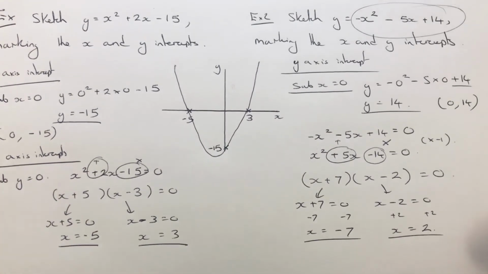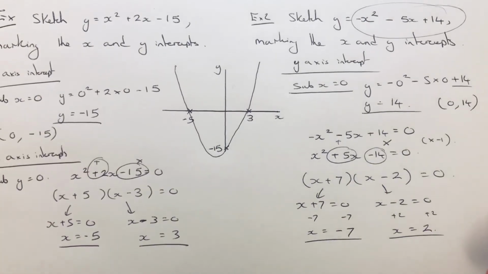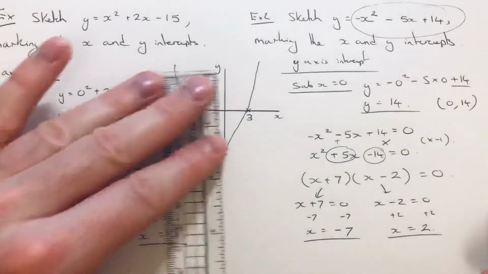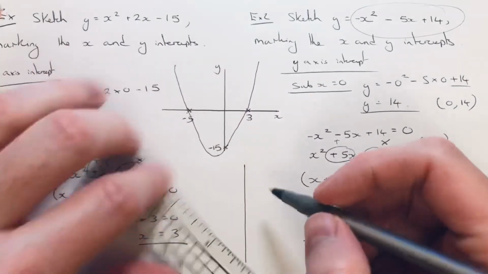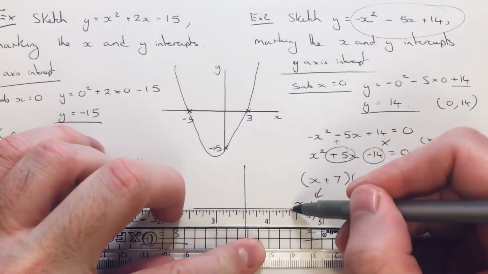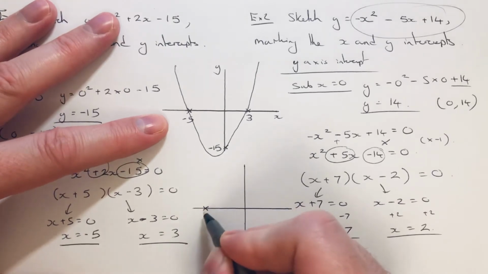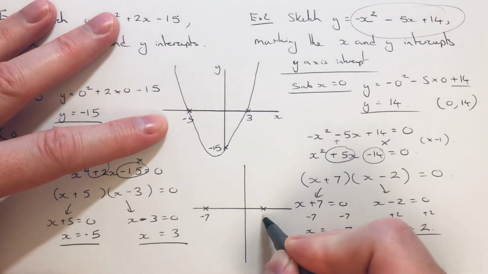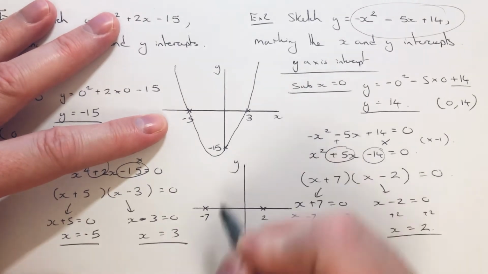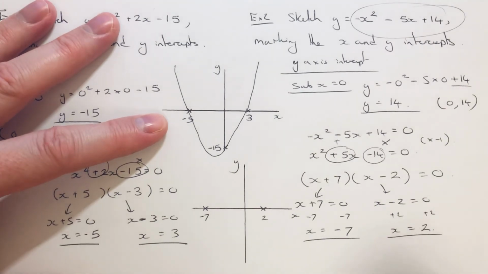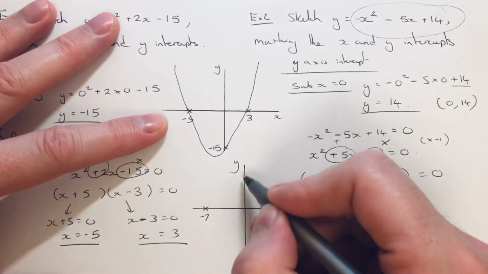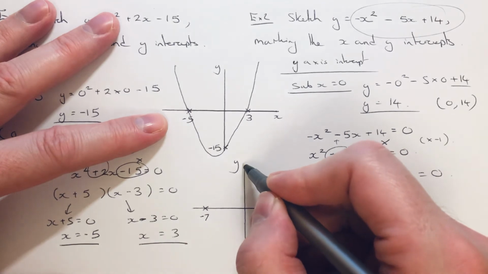So we now need to sketch our graph out again. And our y-intercept was 0, 14.